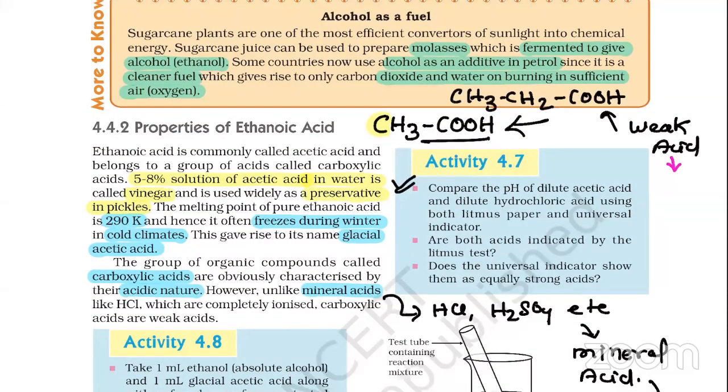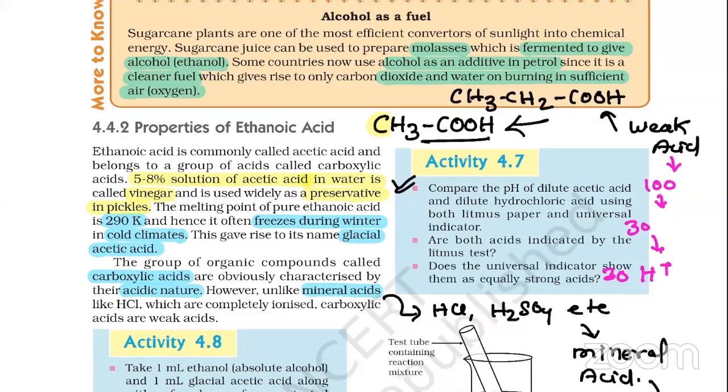For example, out of 100 molecules of ethanoic acid, let's say 30 are broken, so we will just have 30 H+ ions and 30 CH3COO- ions, and the remaining molecules will be there as such.